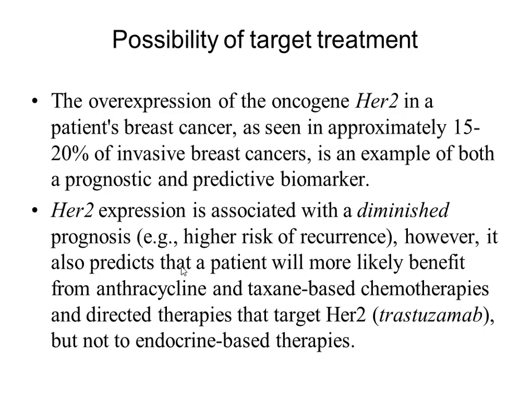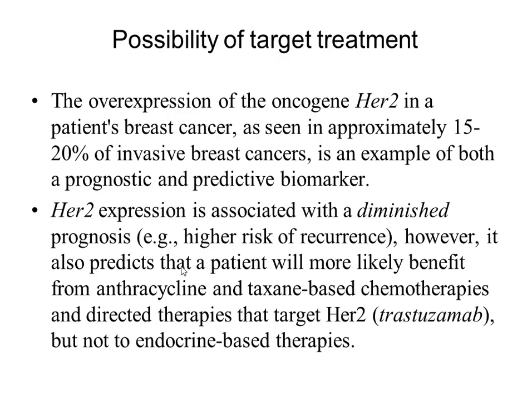The overexpression of the oncogene HER2 in patients' breast cancer, as seen in approximately 15–20% of invasive breast cancers, is an example of both a prognostic and predictive biomarker. HER2 expression is associated with a diminished prognosis, a high risk of recurrence, aggressive growth, and fast metastasization.